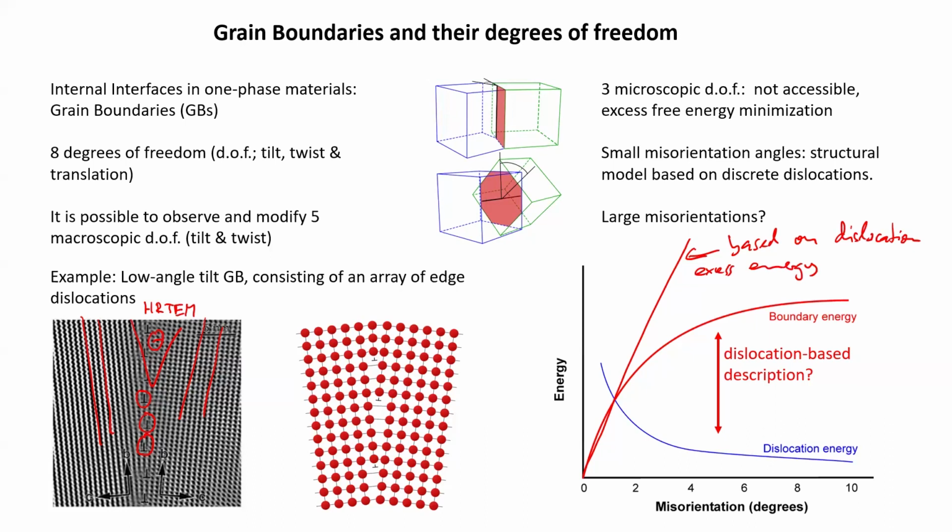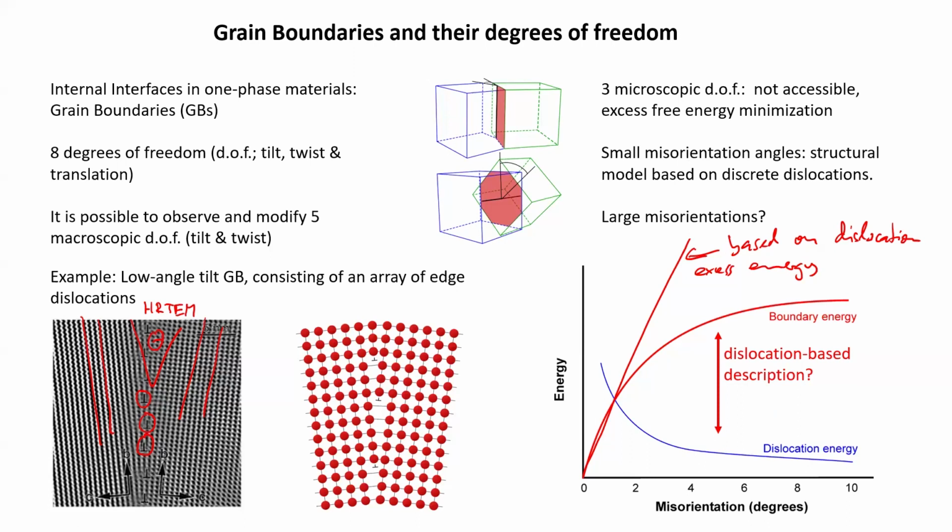But you will see that when you do the calculation according to this model, you get a deviation from linearity, and basically you also would get less and less dislocation energy because of more and more overlap of the cores. So this must not be a good description for high misorientation angles.